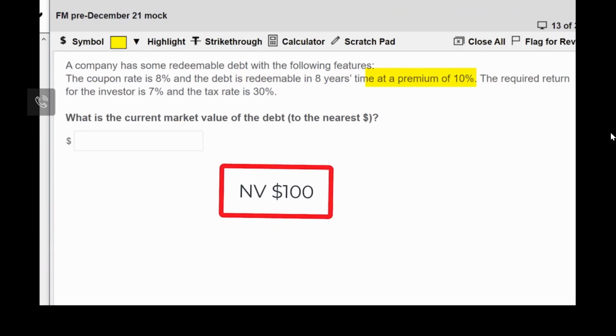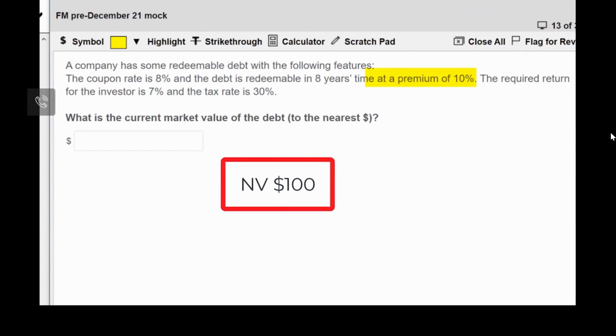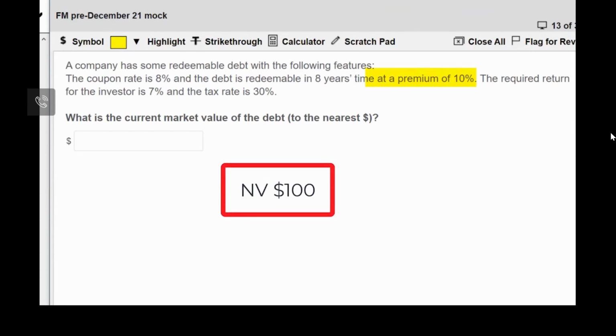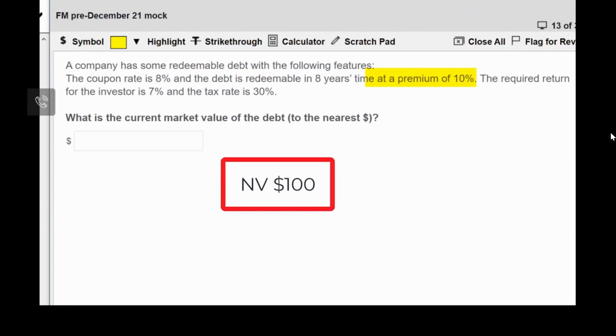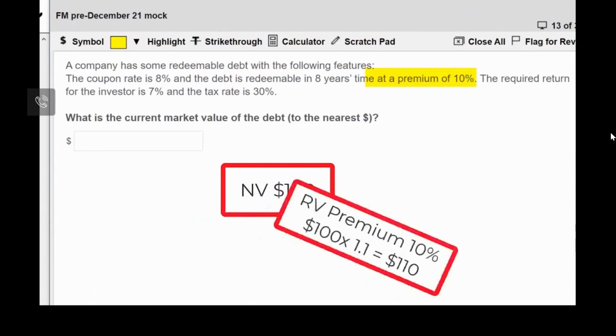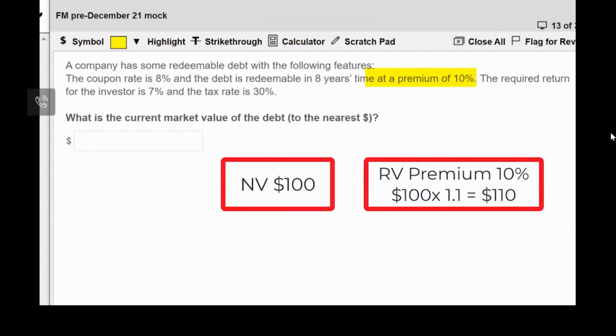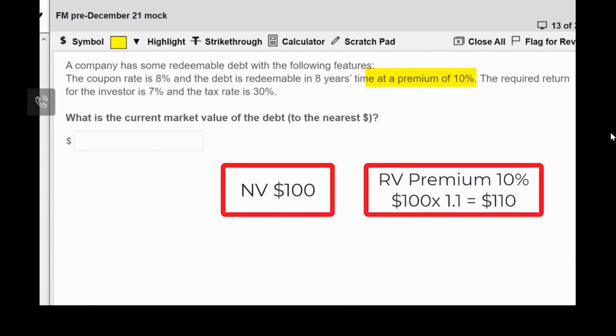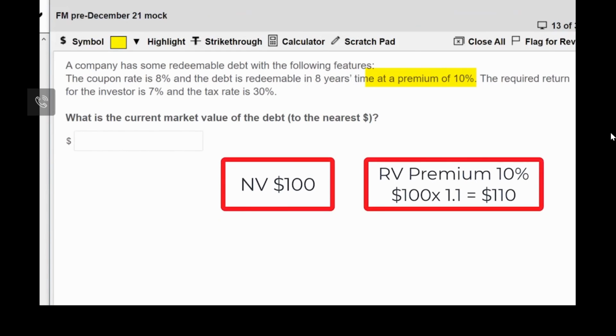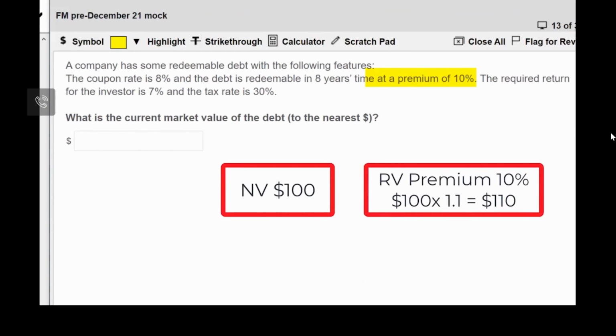So remember, the nominal value of debt that's traded is always $100. So the premium works off the 100, and therefore a 10% premium would mean it's redeemable at $110.